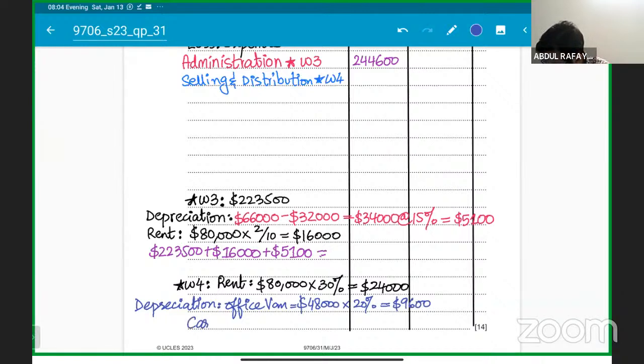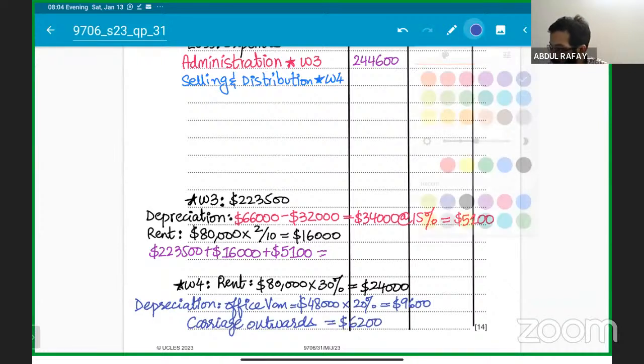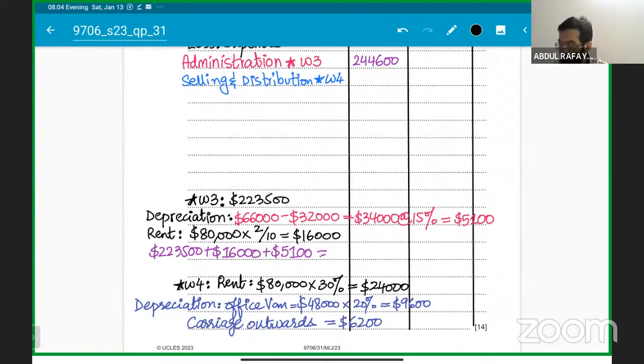Rent we have got. Write down carriage outwards and add all of them. Okay, guys, with me following everyone? Carriage outwards is how much? 6,200 was the carriage outwards. Okay, understood? Just add all of them.